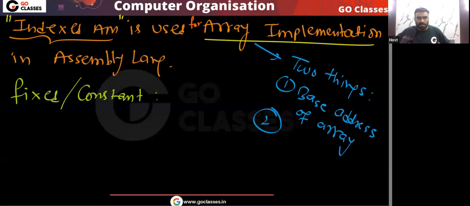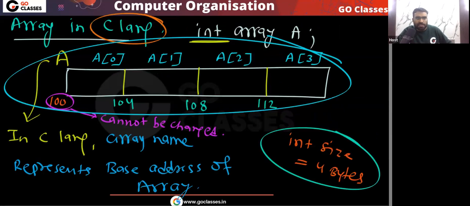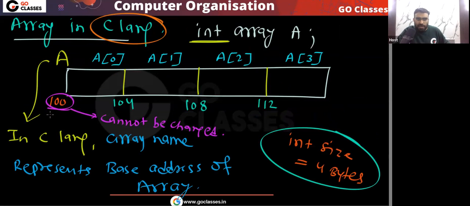And what is the second thing? That is the index value. Do you agree with me? Yes or no? For this array implementation, I need the base address and the index value. Only two things I need.